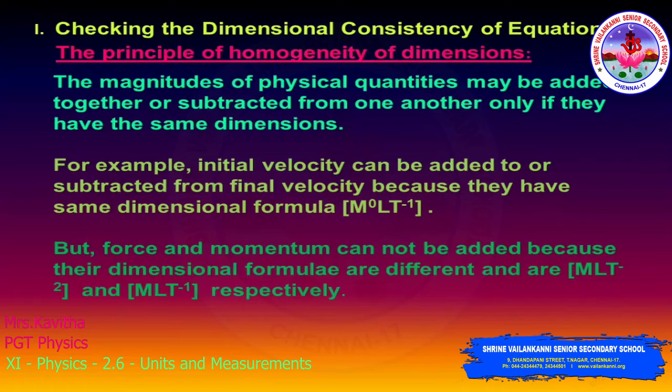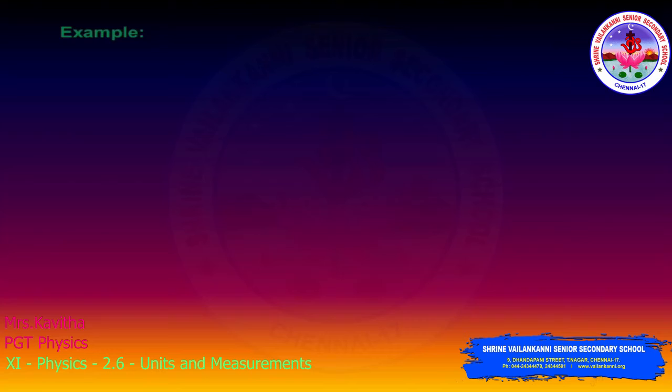But force and momentum cannot be added because their dimensional formulae are different: for force, M L T^-2, and for momentum, M L T^-1. You understand the homogeneity principle; as per the homogeneity principle only, we can do this.